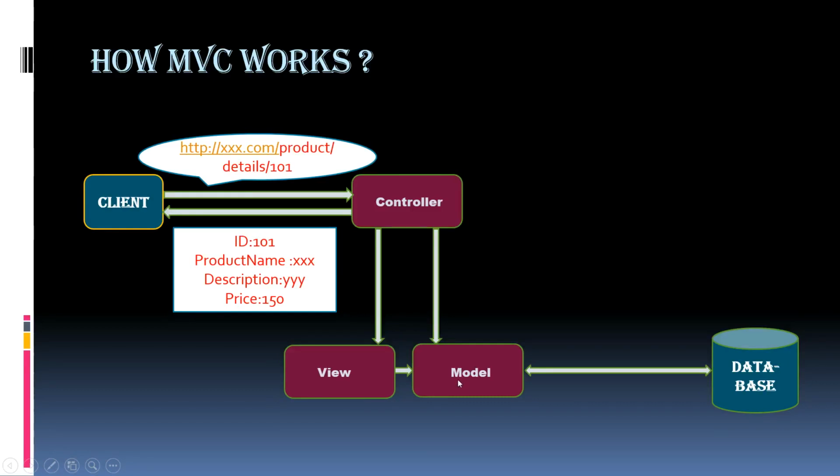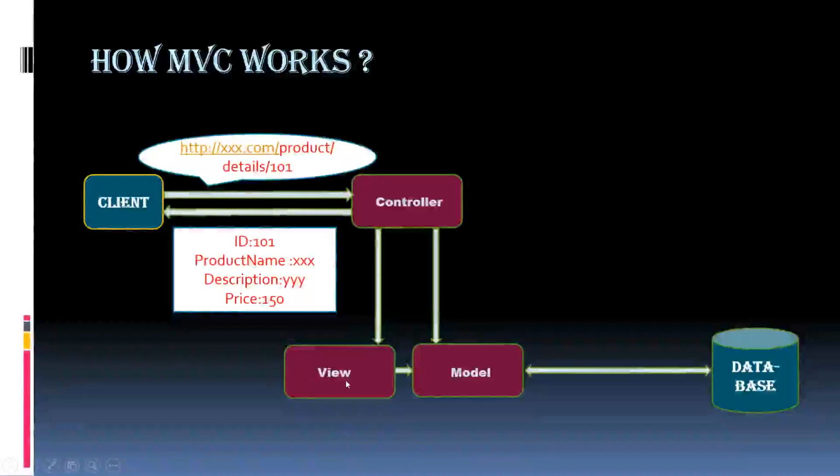This model also contains the required logic in order to retrieve the data from the database. Once a model is created, the controller then selects a view to render this model data. While selecting the view, it is the responsibility of the controller to pass this model data.